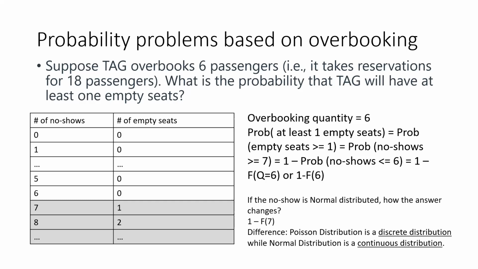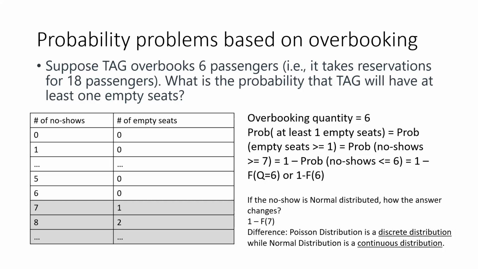But if it's a normal distribution, as in the last question of homework 5, remember the last question? There, the no-show is normally distributed, and the normal distribution is a continuous distribution. When you draw it, it's a perfect bell curve.